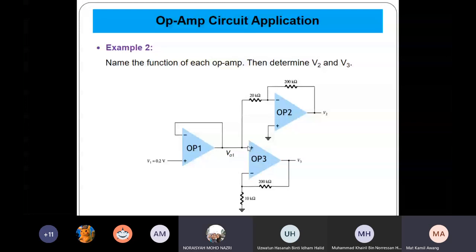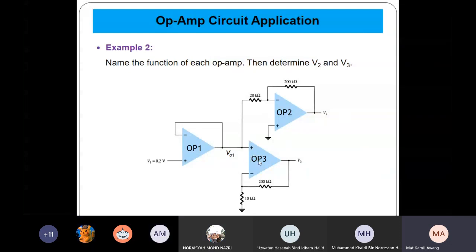So what is the output for OP2, which is V2? The gain is 100k over 20k, which is actually 5, right? 0.2 multiplied by 10 is 2 volt. But this is inverting, therefore it's minus 2 volt.